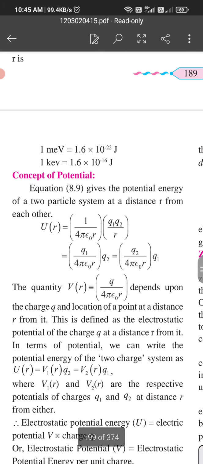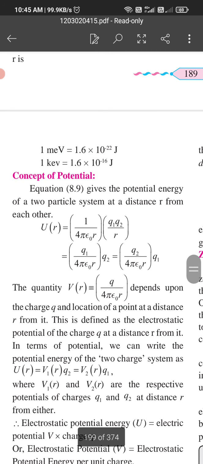So for two charges system, U of R is equal to V1 of R into Q2 is equal to V2 of R into Q1, where V1 of R and V2 of R are the respective potentials of charge Q1 and Q2 at a distance R from either.